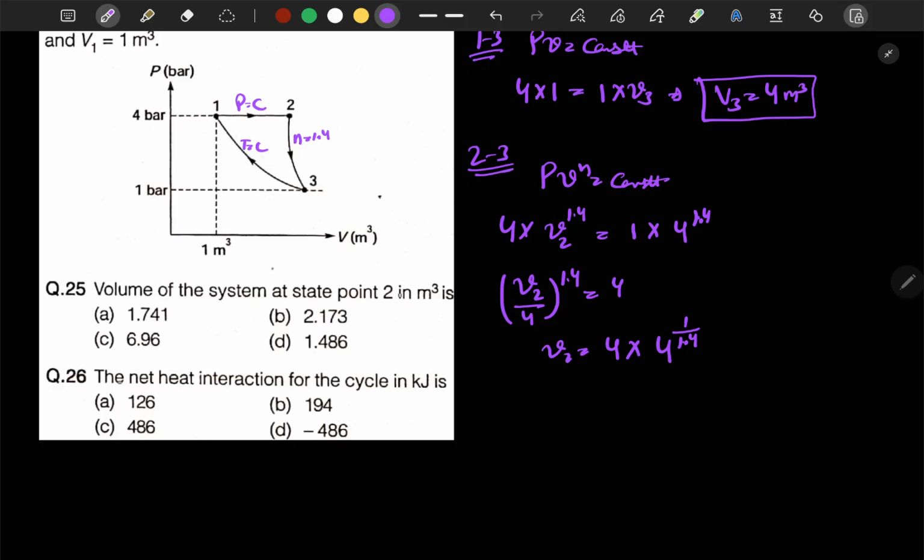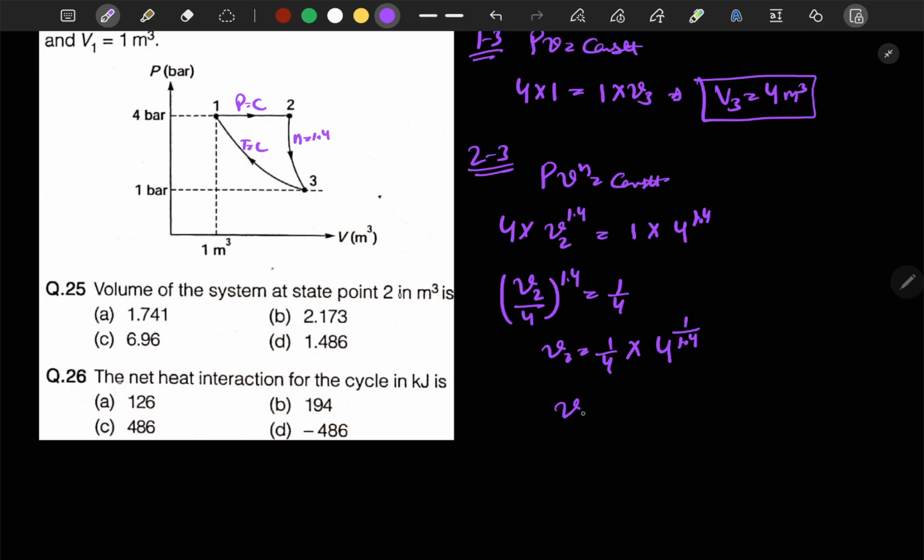Okay, so we will calculate this value. Let's do it. 4 to the power 1.4 inverse, into 4. So the answer we will get, no, there is some problem here. I have made a mistake somewhere. Okay, sorry, this should be 1 by 4.